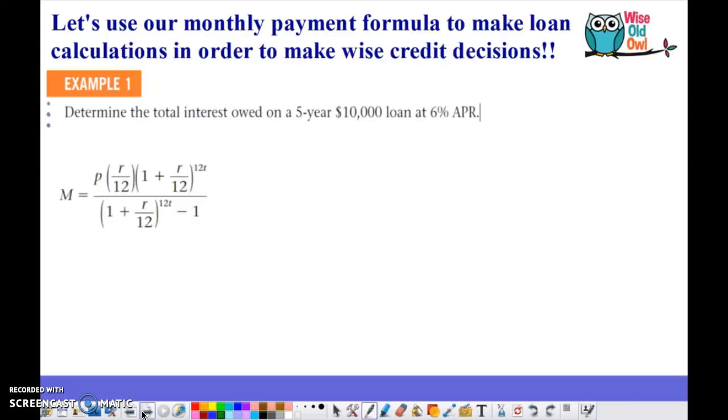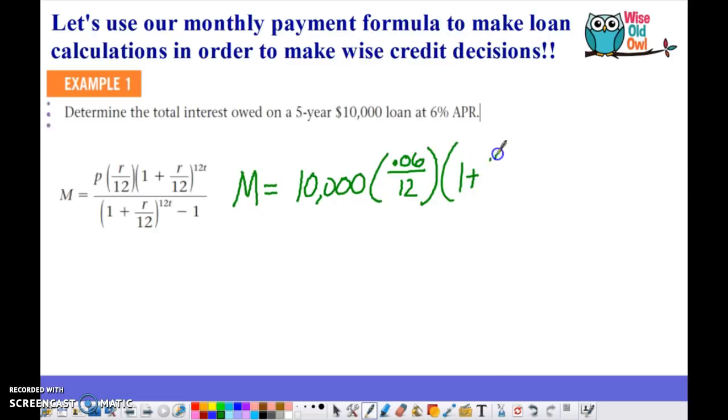So we just plug in everything that we know. It says my monthly payment is equal to my principal, or how much I'm taking out, which is $10,000, times 0.06, my rate over 12, times 1 plus my rate over 12, to the 12 times t power.